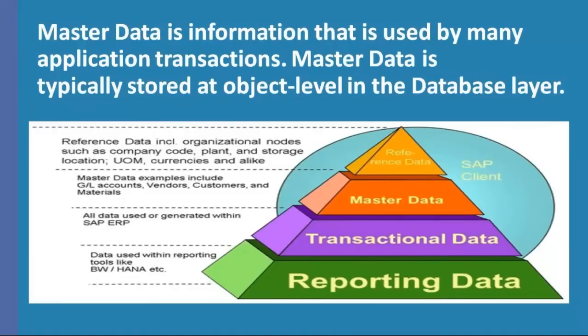So MDG can talk with the BW system, with the S4HANA system, with the APO system, and with MM; ECC may have MM, finance and everything. So all those modules can also be associated with MDG.